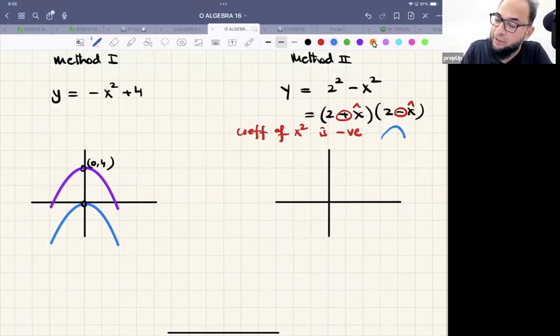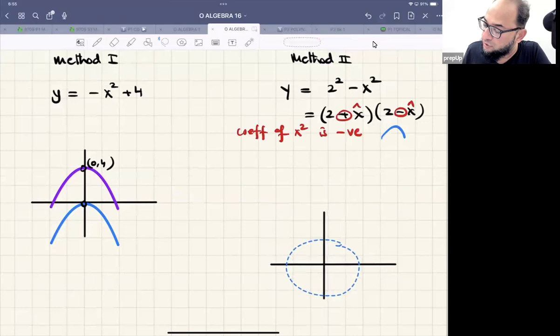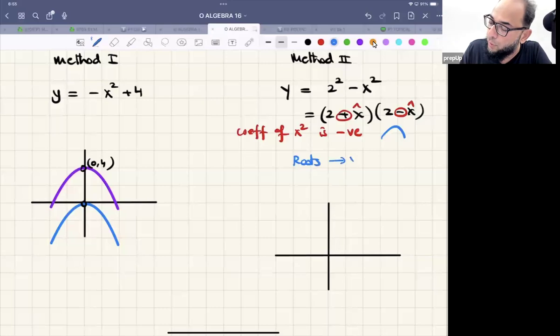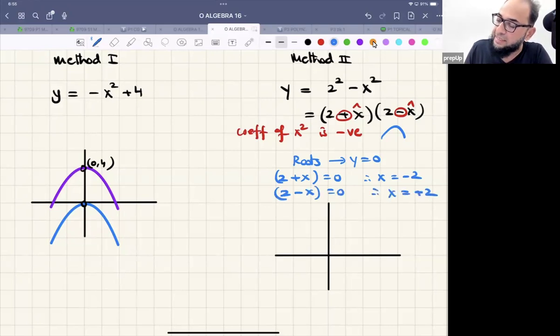And what about the roots of the equation? So let me just shift it over here. What about the roots of the equation? y is equals to 0, 2 plus x is equals to 0, x is negative 2. 2 minus x equals to 0, therefore x is positive 2. So the roots are negative 2, positive 2.